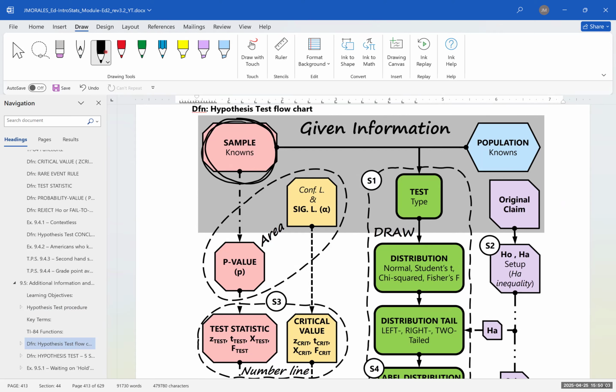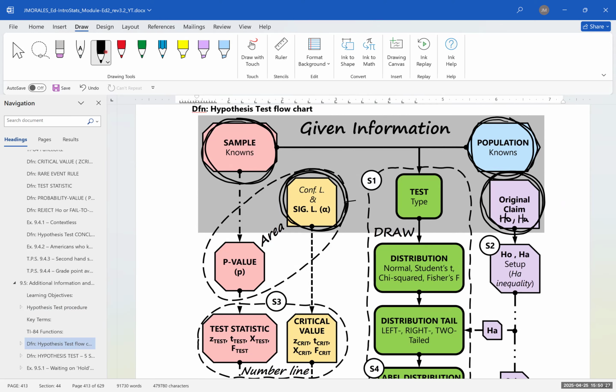It's going to give you some information about the population. It's going to make some kind of claim, an original claim. And that original claim is either going to be the null or the alternate. It's also going to give you some information about the confidence level or the significance level.